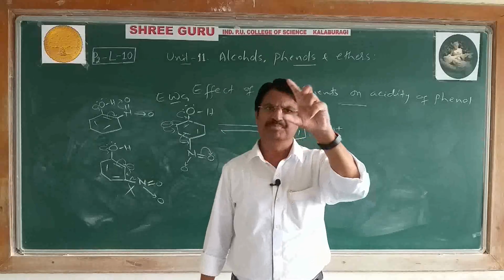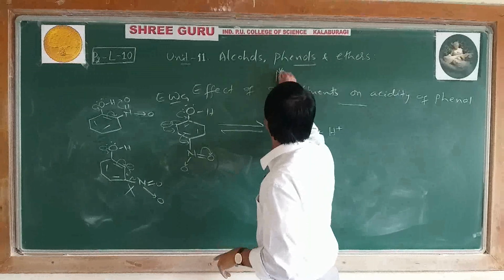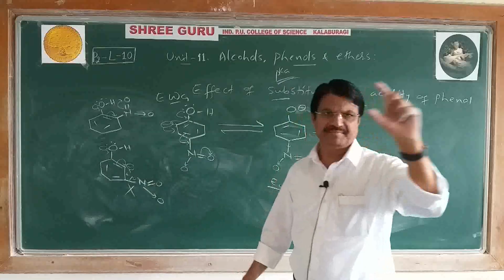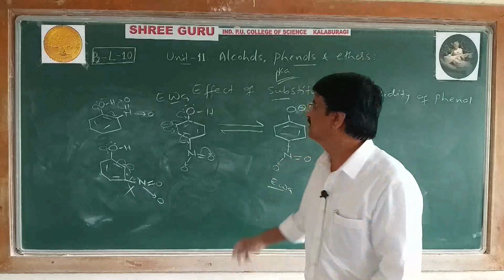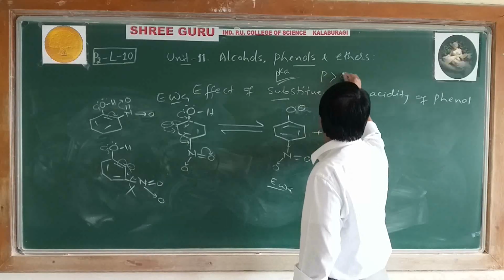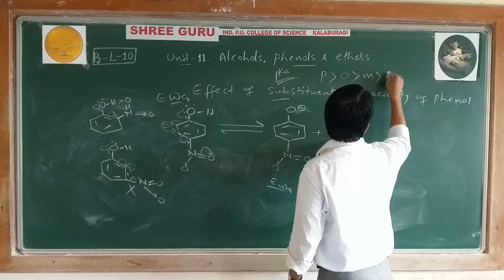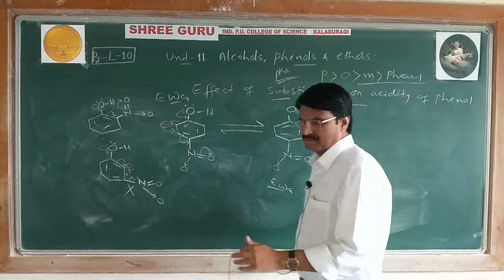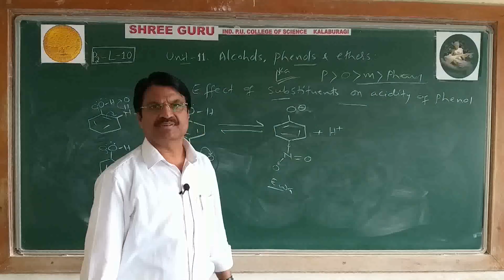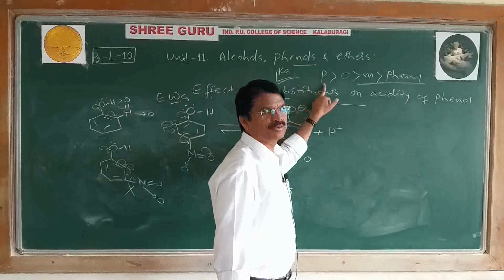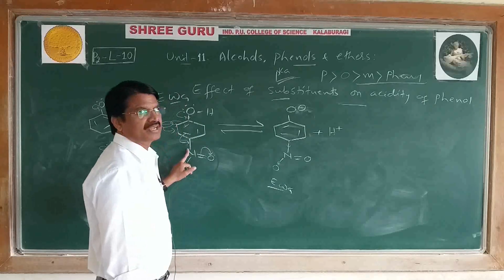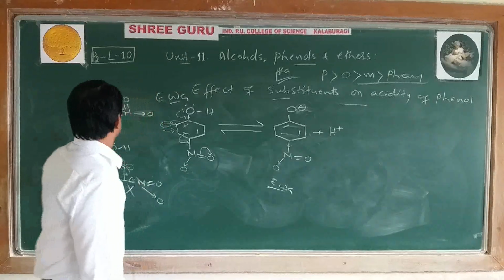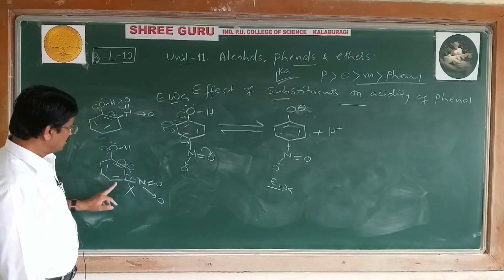Hence, according to pKa values, the order of acidity of nitrophenols: para nitrophenol first, second ortho nitrophenol, third meta nitrophenol.